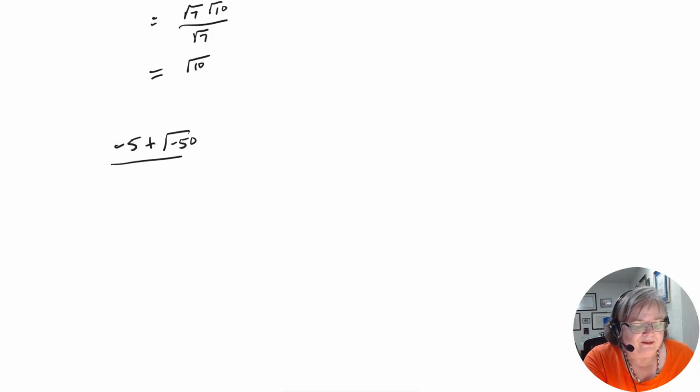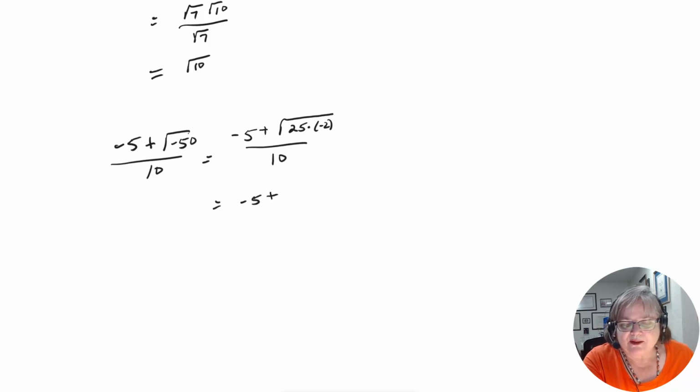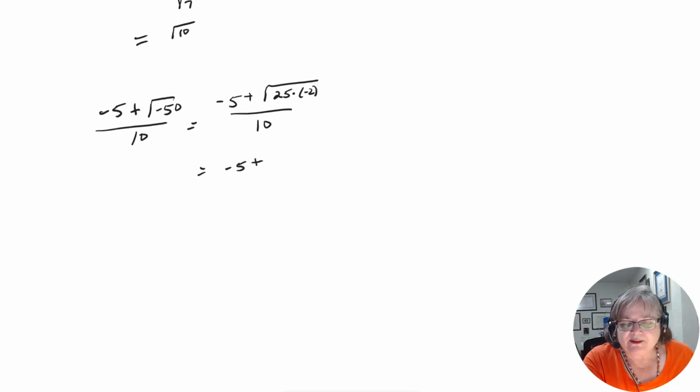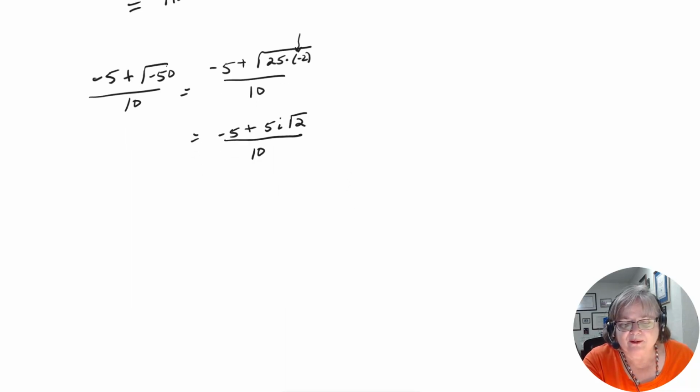All right, what if you have a problem like this? And you can say, well, I'd have negative 5 plus the square root of 25 times a negative 2 over 10. So negative 5 plus the square root of 25 is 5. The square root of this negative is going to be i, and the 2 is still inside the square root because you can't simplify it anymore.